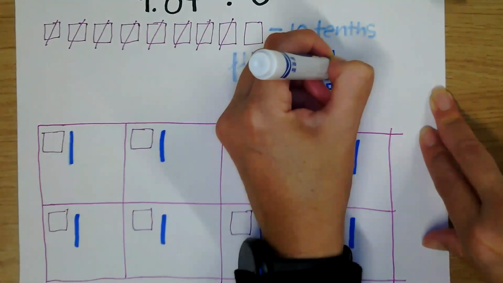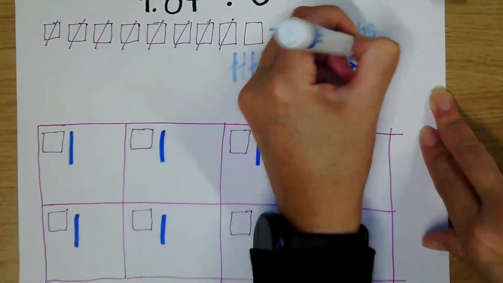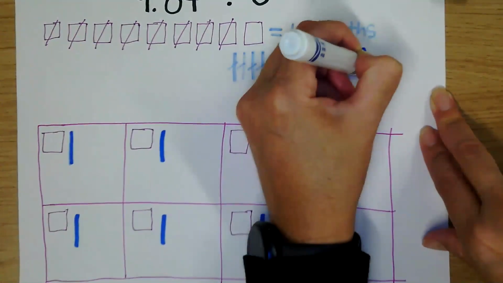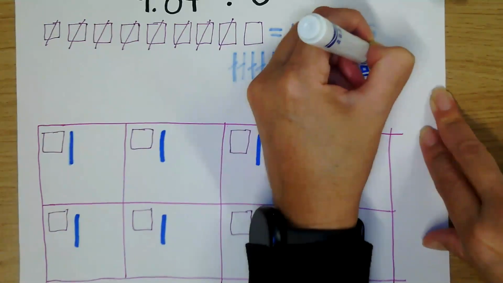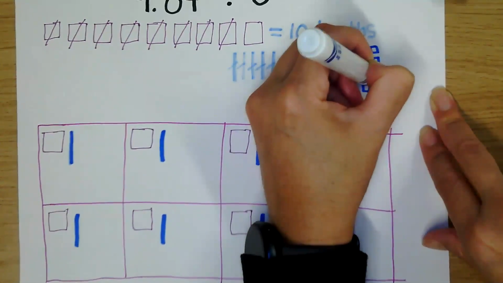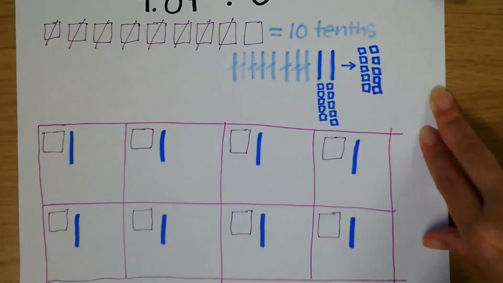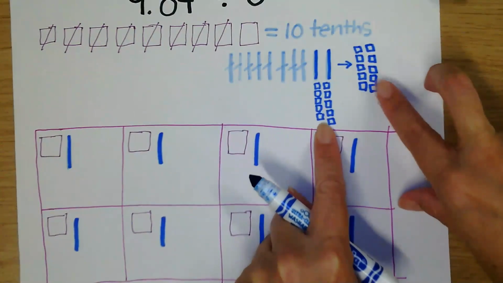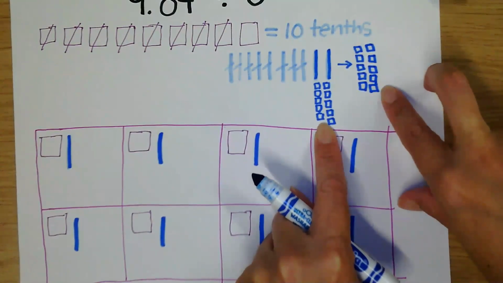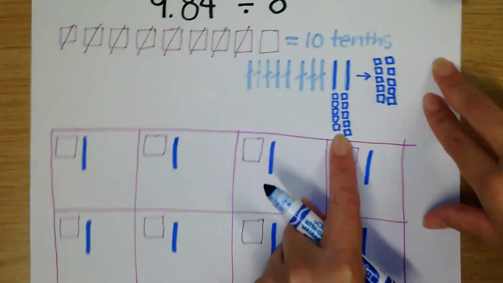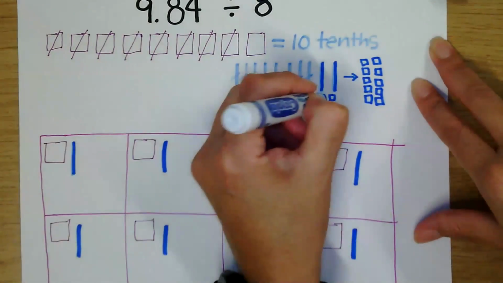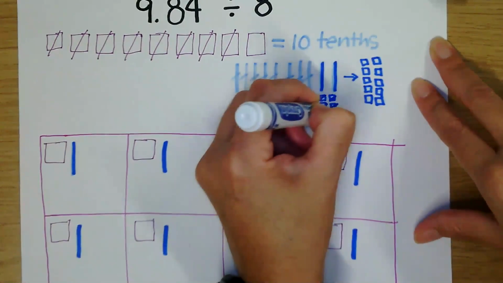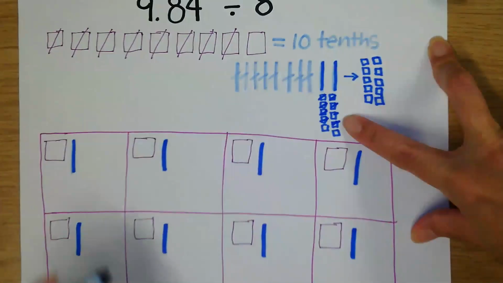And then we need another 10 for this one: 1, 2, 3, 4, 5, 6, 7, 8, 9, 10. Now we have 20 hundredths. How can we divide these among 8?